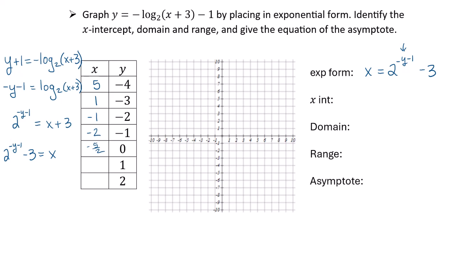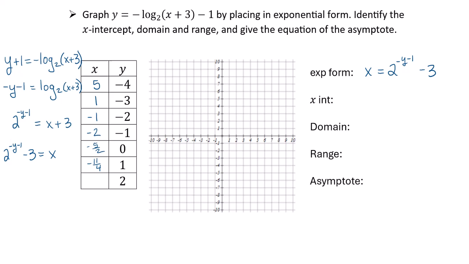If I would put a 1 in there, that would make my exponent a negative 2. So 2 to the negative 2 is 1/4. And 1/4 minus 3 is the same as 1/4 minus 12/4, which is a negative 11/4.